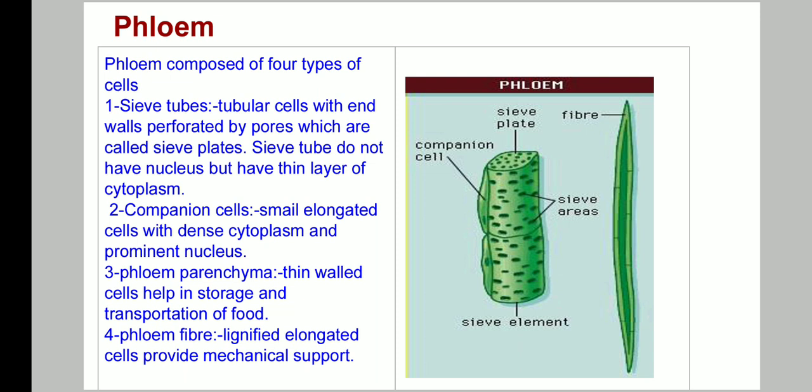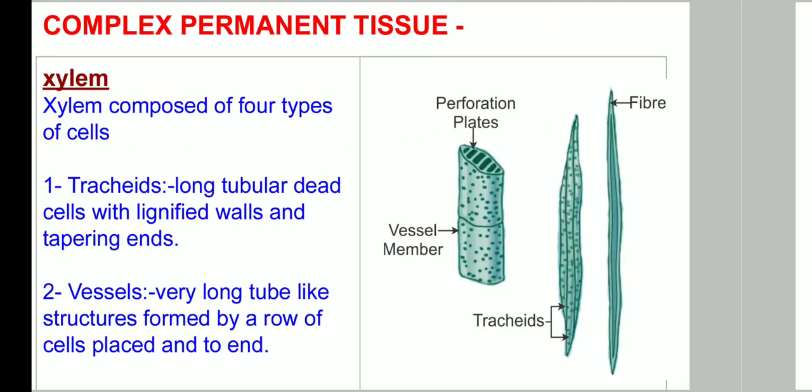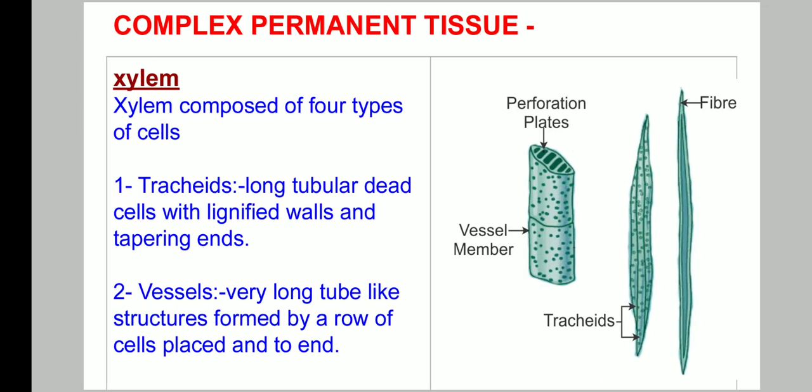Then phloem parenchyma is also present, and these cells are typical parenchymatous cells, and phloem fiber, which is again a lignified elongated fiber-like structure you can see here. So what is the difference between xylem and phloem?